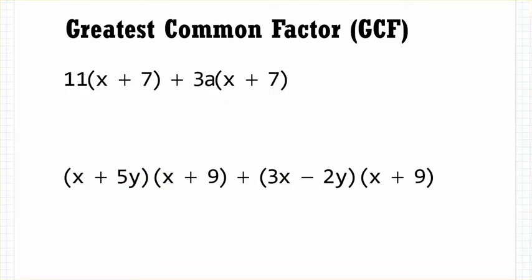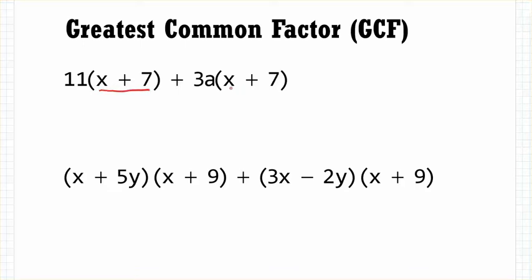When we work with greatest common factor, we can actually have expressions be our greatest common factor. So if we look at this particular expression, we really don't have a single term, but we have a multiple term. My pen's not working.